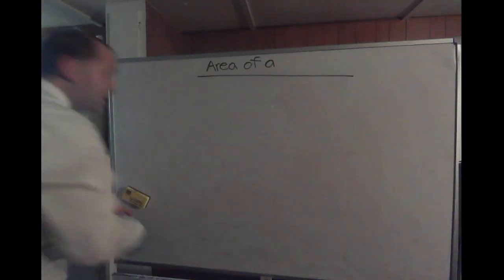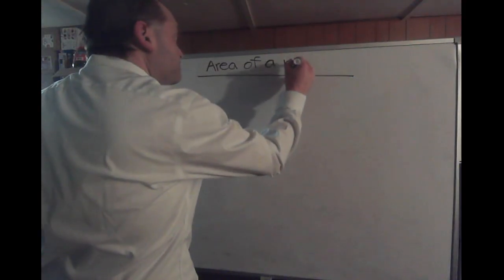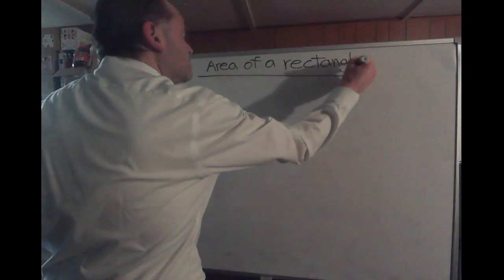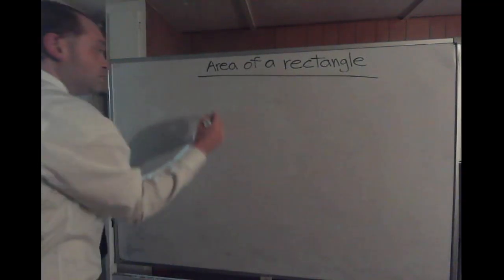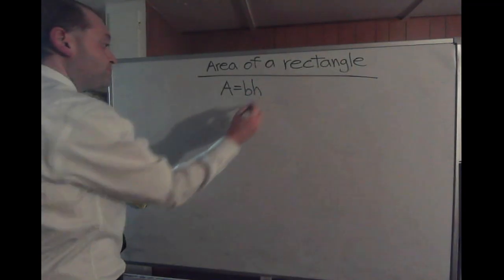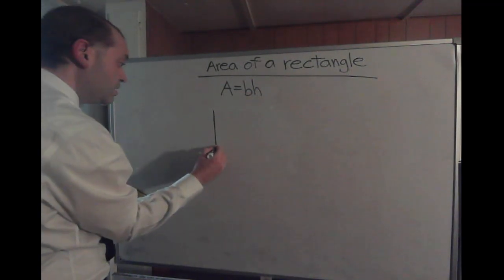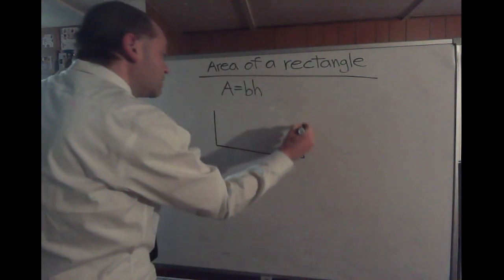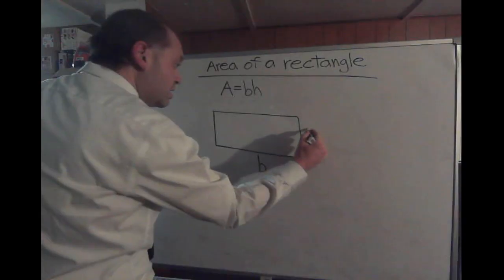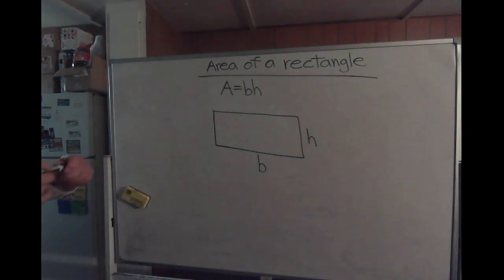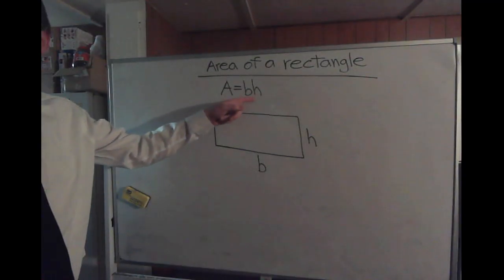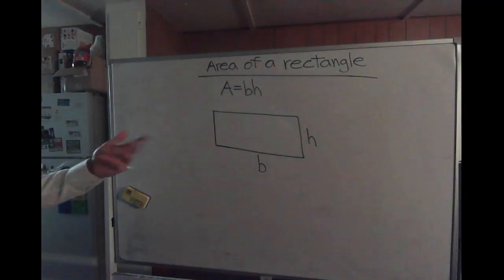Then we're going to talk about the area of a rectangle. Let me write down the formula. To find the area of a rectangle, you just multiply the length of the base times the length of the height.